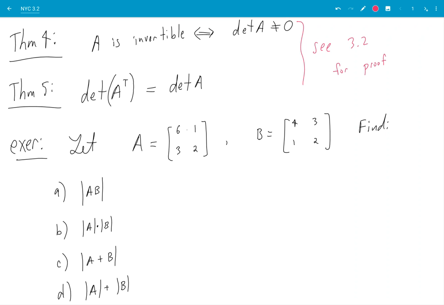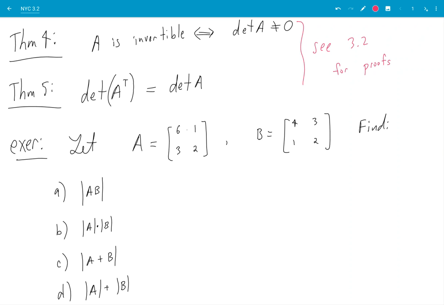My feeling about proofs is that they are not a good use of class time at this level, at least. But if you're curious, you should have a look there in the textbook. You won't be asked to reproduce anything from these proofs. Okay, now I want you to try the exercise. So pause and try the exercise, and we'll go through it.